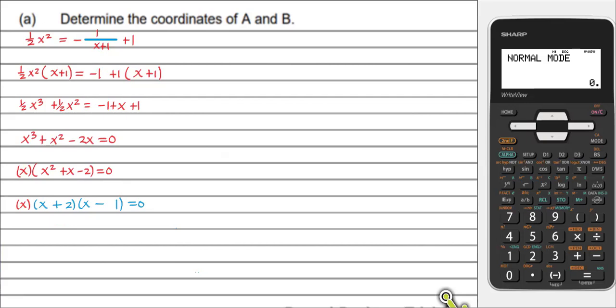One of the answers is x equals to 0. Or the next one will be x equals to -2, or the next one will be x equals to 1. All right, so we got -2, 0, 1.